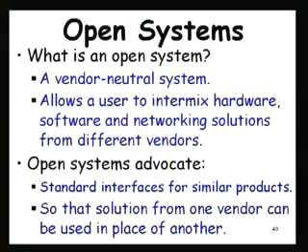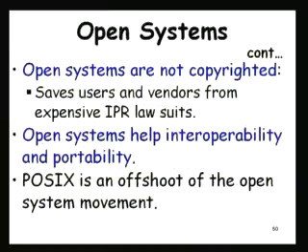So, then it becomes difficult for the user, isn't it? And the user pays more, because that manufacturer will hike his price. Now, there are many manufacturers who manufacture that pedal, so the cost will be less. So, the solution from one vendor can be used in place of another. Very powerful thing actually, open systems.